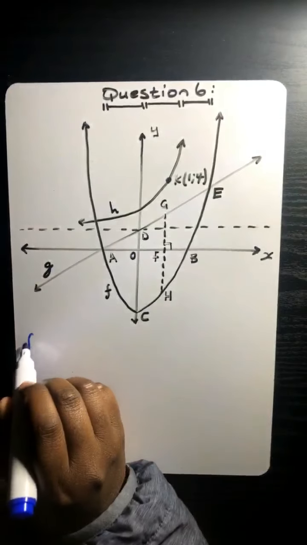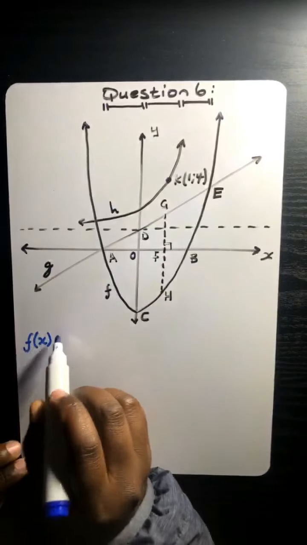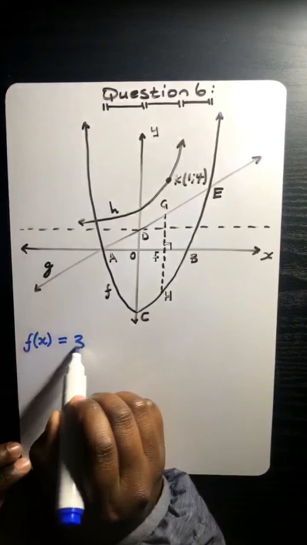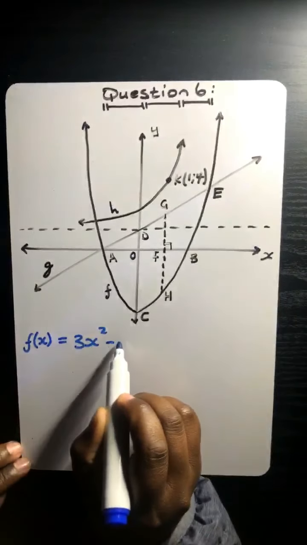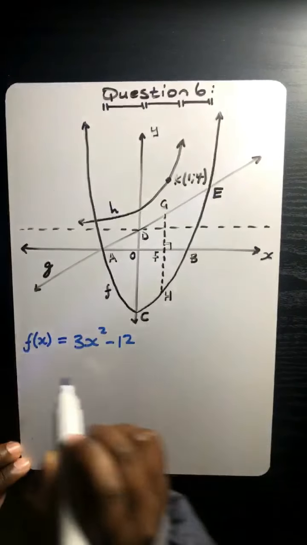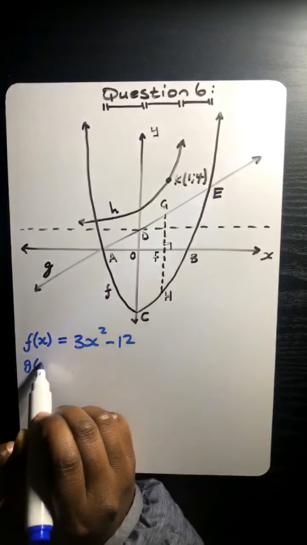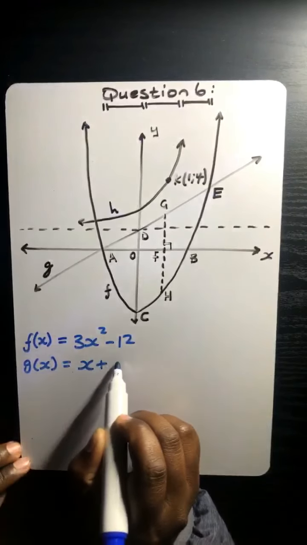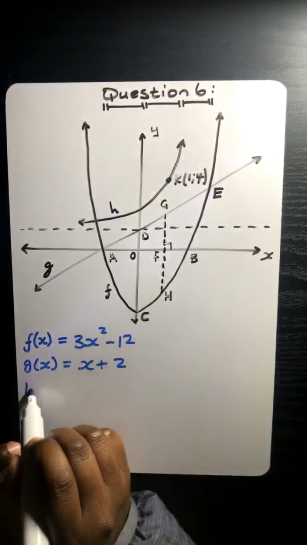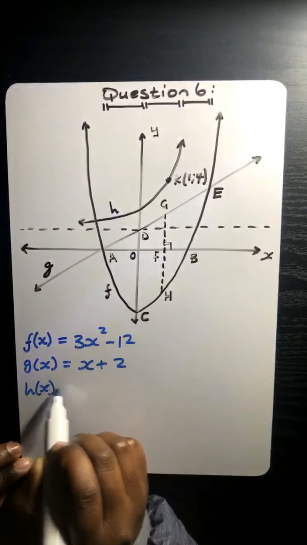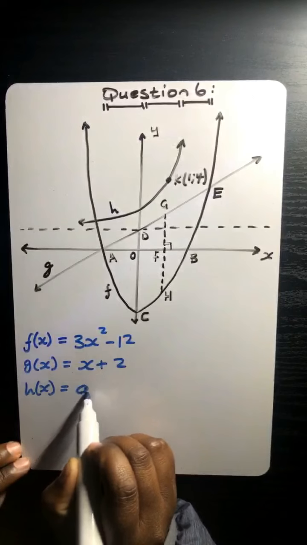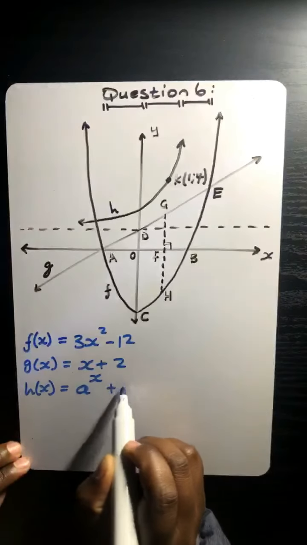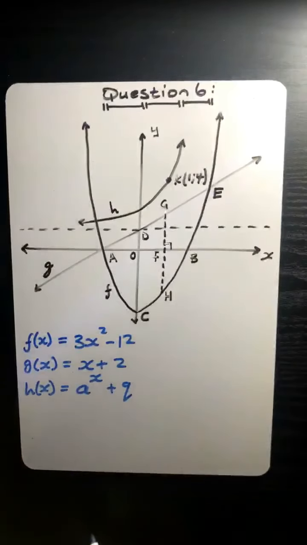We've got the first one being f of x equals 3x squared minus 12. We've got another one being g of x equals x plus 2. And then the third function being a to the exponent x plus q.